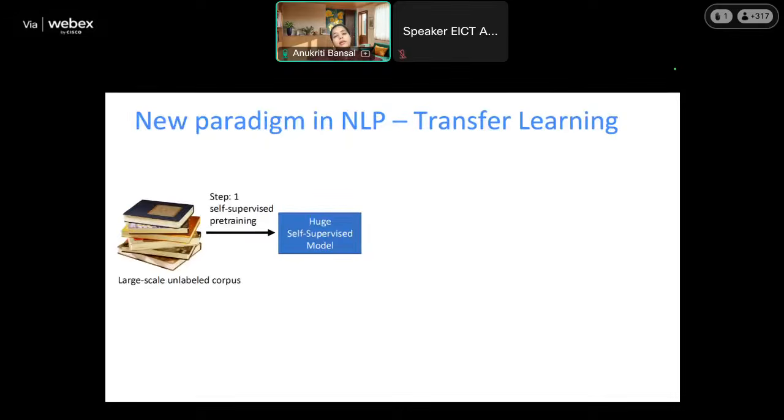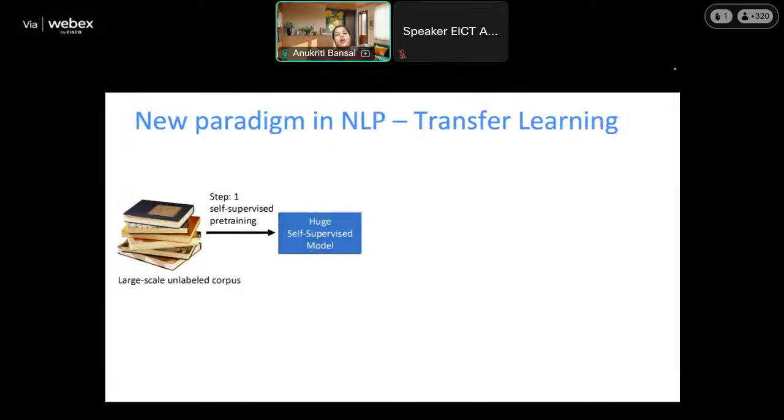So what we talk about today, the current paradigm in natural language processing, you can relate it with transfer learning. I'll talk about transfer learning, but in transfer learning, we already have a trained model, and then we can use that trained model for some tasks. We can add a few layers to that trained model, and then use it for different tasks.